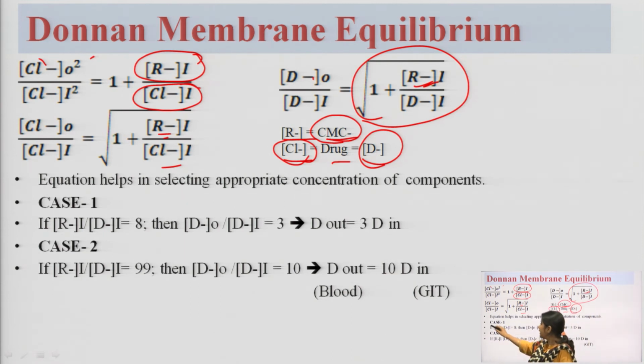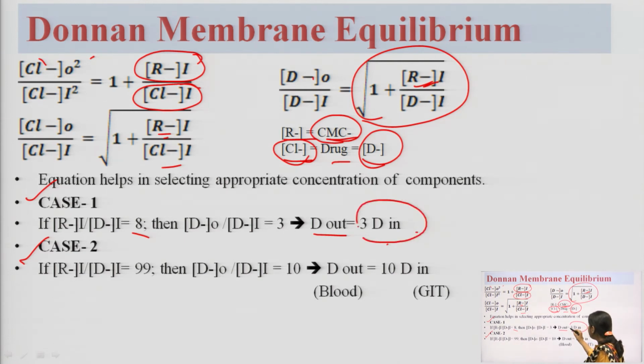Now, two cases may be there. You can see these cases. If the concentration of R minus divided by the concentration of drug inside the chamber is equal to 8, then we find that D out is equal to 3 D in. Here D in represents your gastrointestinal tract and D out represents your blood.